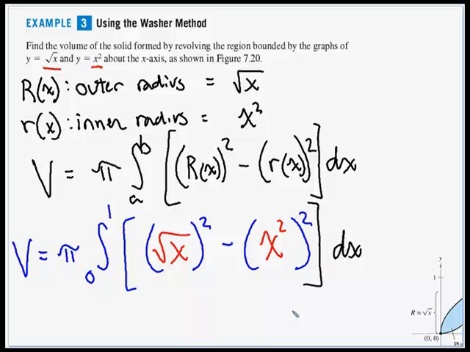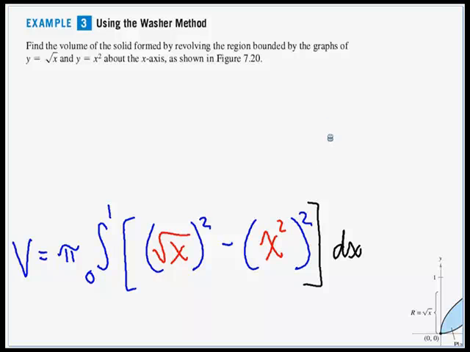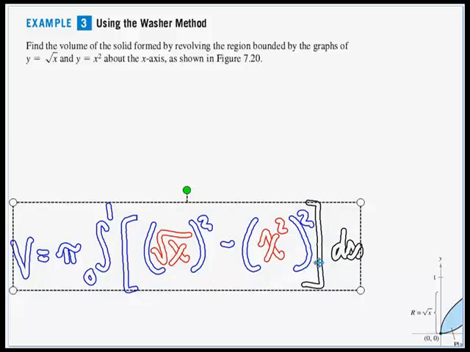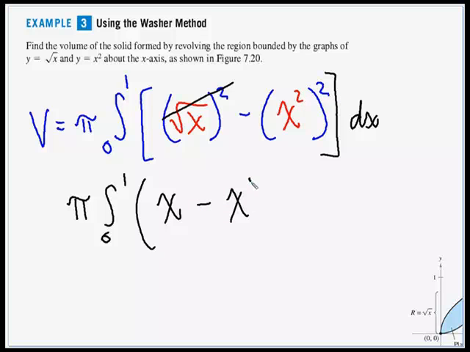And we need a bracket there. Alrighty, let's see if we can simplify that a little bit and do our integration. So we still have our pi, integrate from 0 to 1. Square root squared cancels. So here we're just going to have an x minus x squared quantity squared, which is x to the 4th, dx. That should be easy enough to integrate.